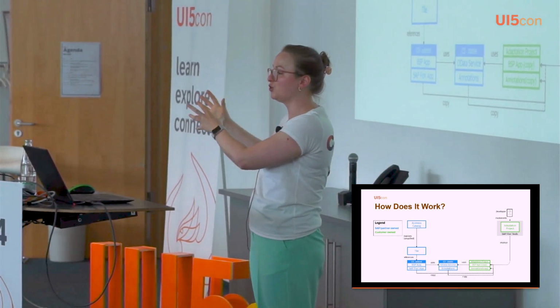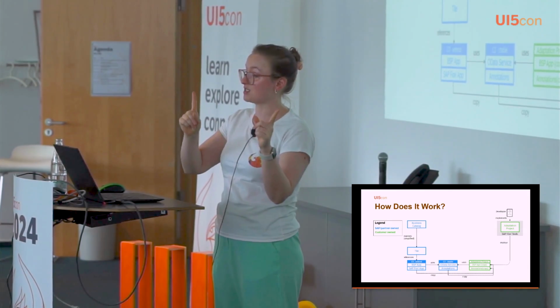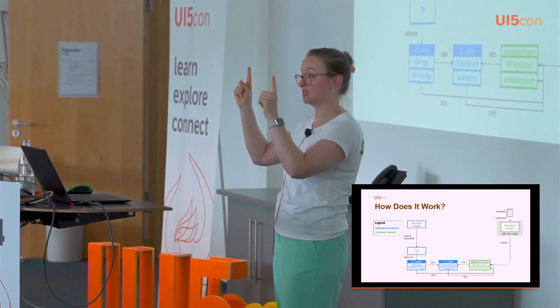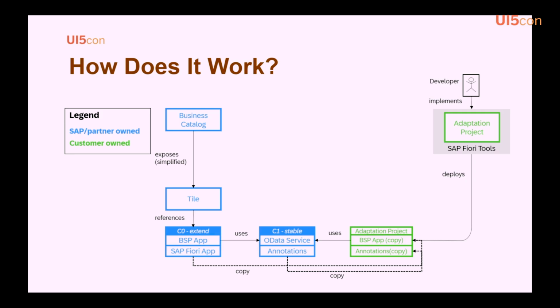So basically a completely new application, which still uses the OData service of the original, but the UI part, the custom coding, and the OData annotations are frozen in time. So if the base application is upgraded, your adaptation project will not be affected. Your changes will remain upgrade stable throughout all the upgrades.